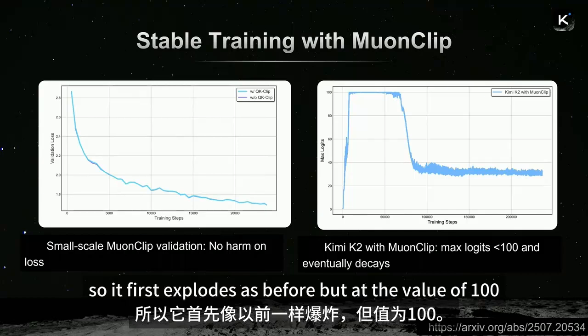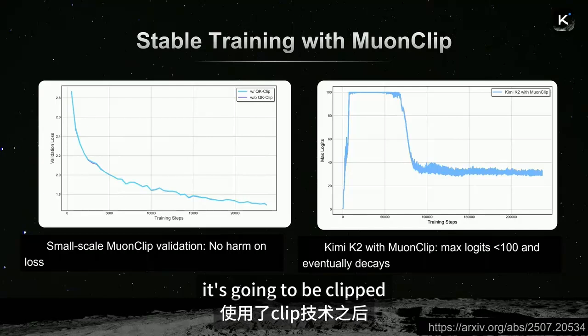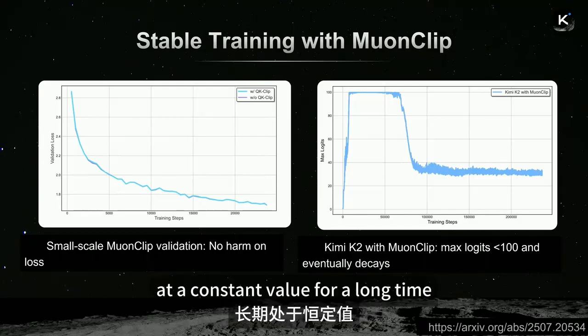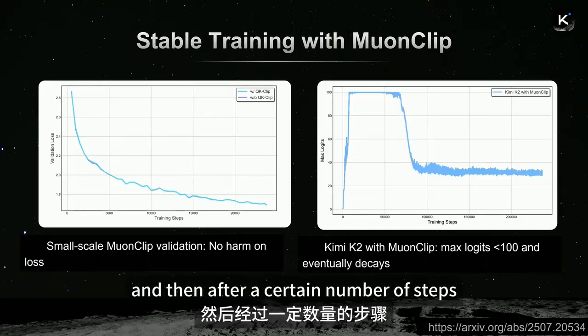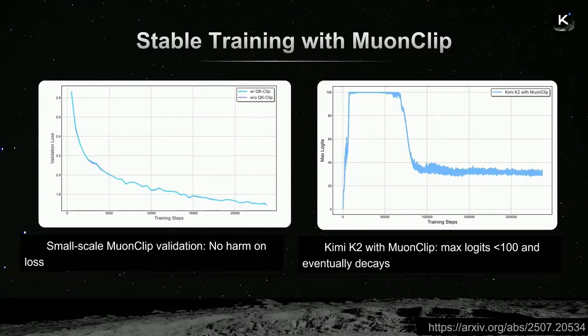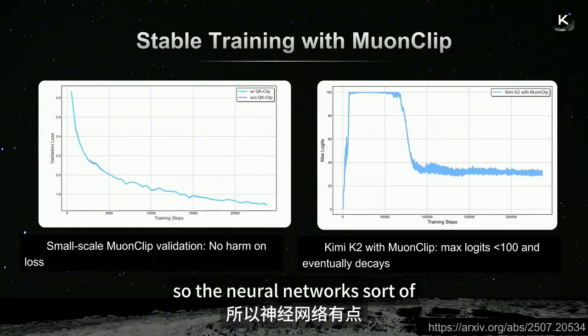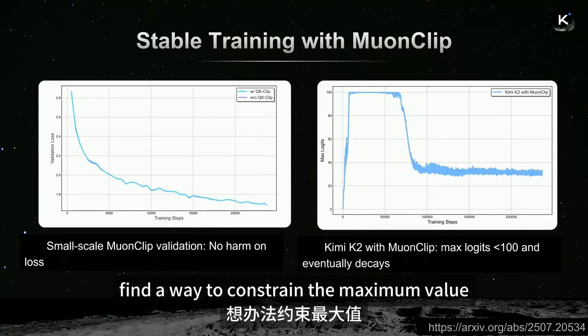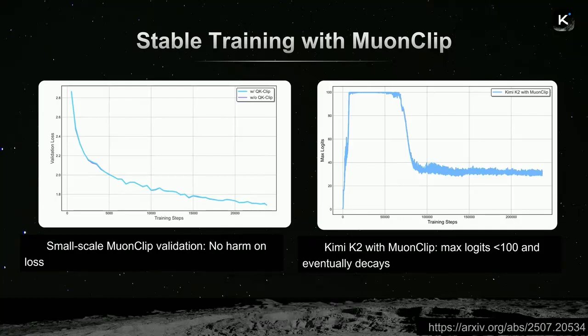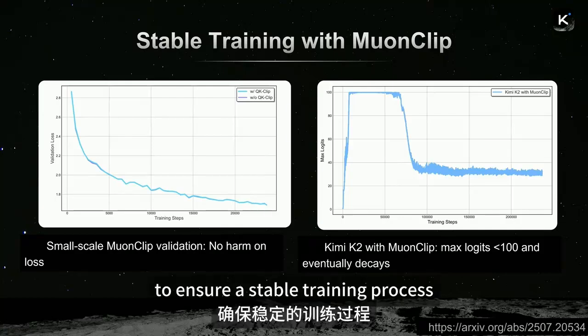It first explodes as before, but at the value of 100, it is clipped at a constant value for a long time, and then after a certain number of steps, it just naturally goes down. So the neural network finds a way to constrain the maximum value of the max logit to ensure a stable training process.